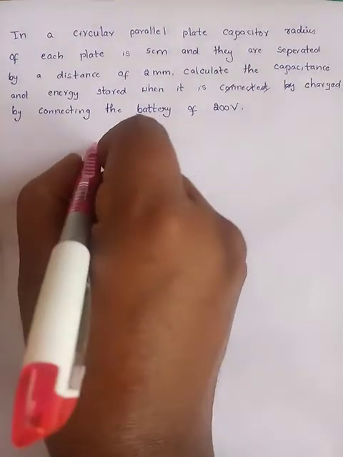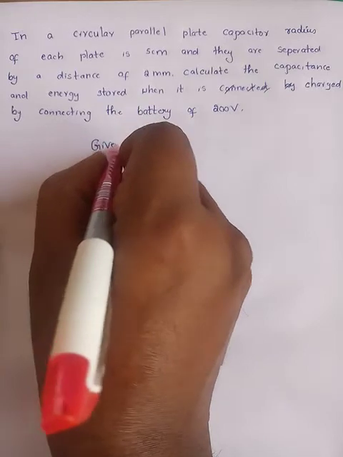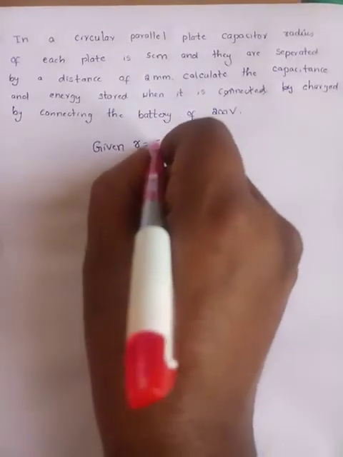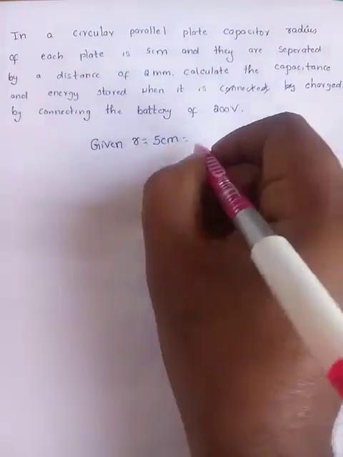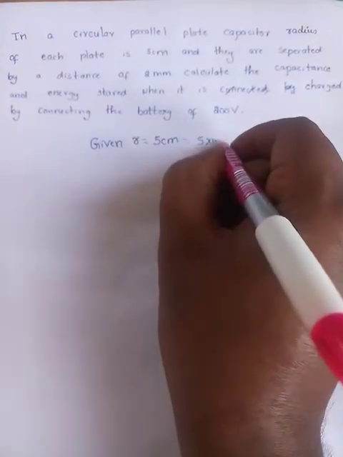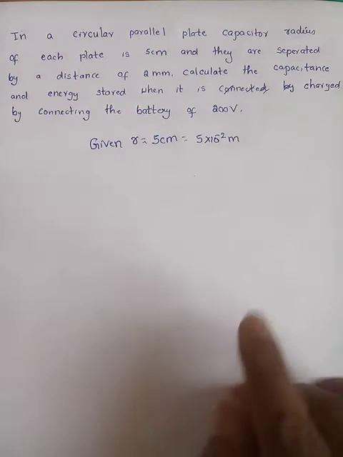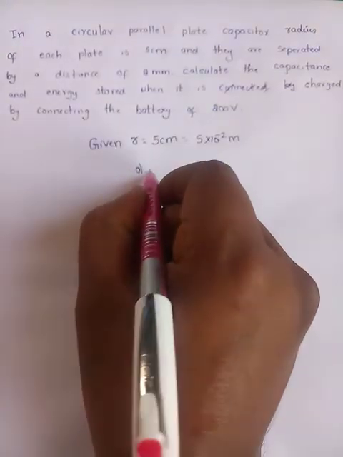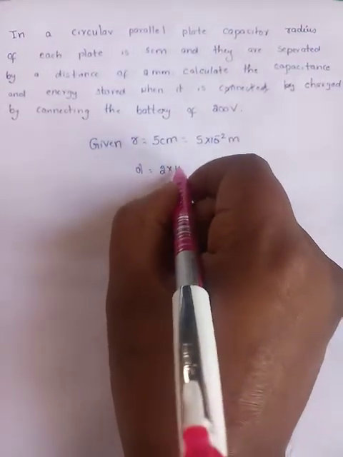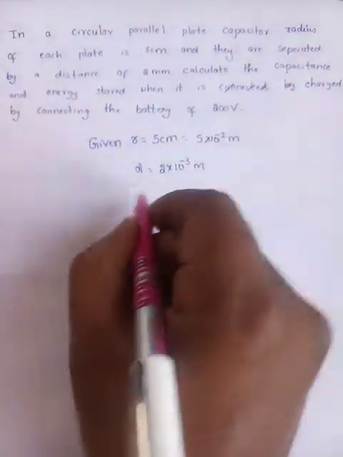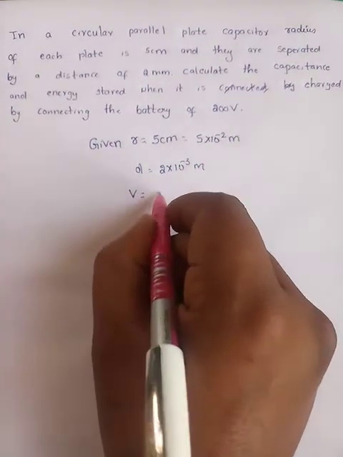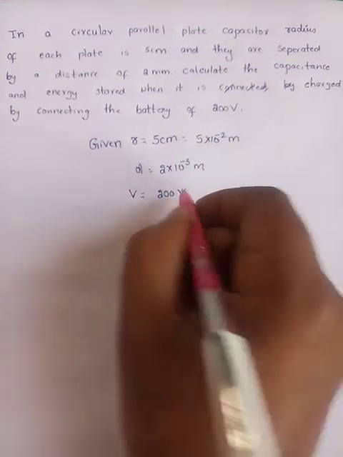Given radius equals 5 centimeters, we should convert into meters: 5 into 10 raised to minus 2 meters. Next, the distance between the two plates is 2 millimeters and it is connected to a battery of potential 200 volts.